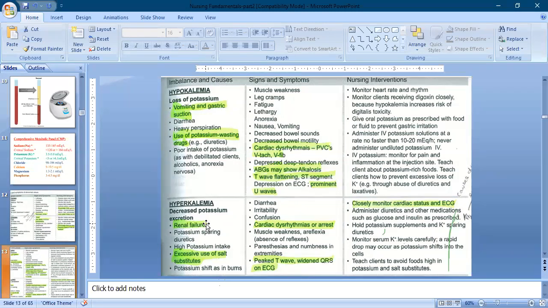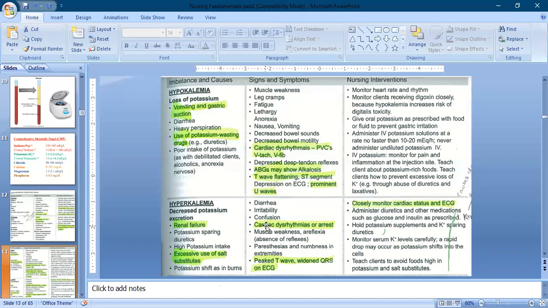If the patient has metabolic acidosis, or salt substitute use, or kidney failure, or potassium-sparing diuretics like spironolactone, they have a chance of developing hyperkalemia, right? So excess use of salt substitute, renal failure, potassium-sparing drugs like spironolactone, they develop hyperkalemia.